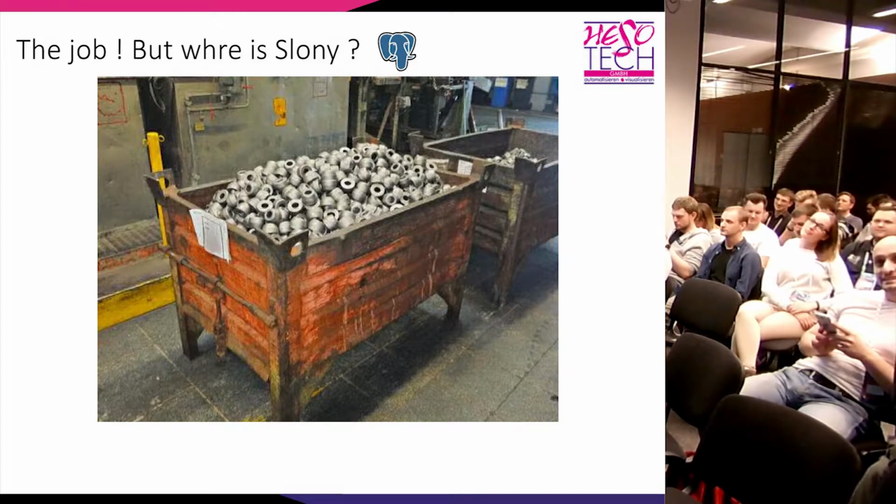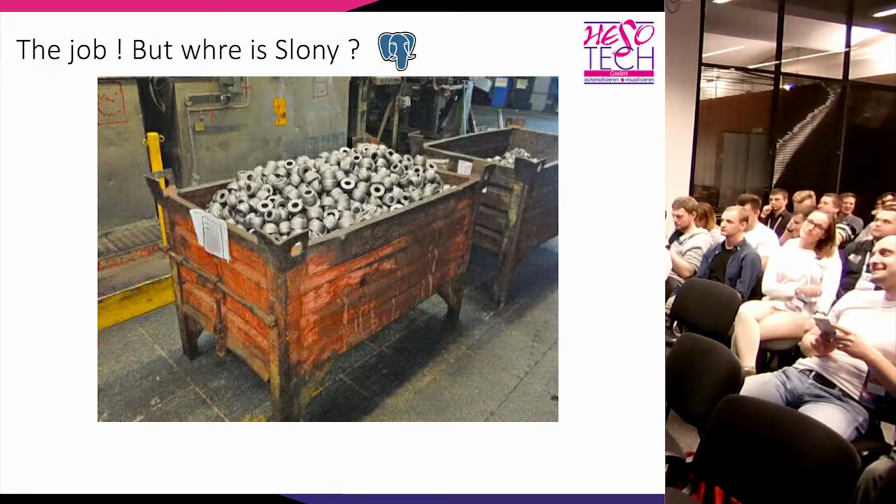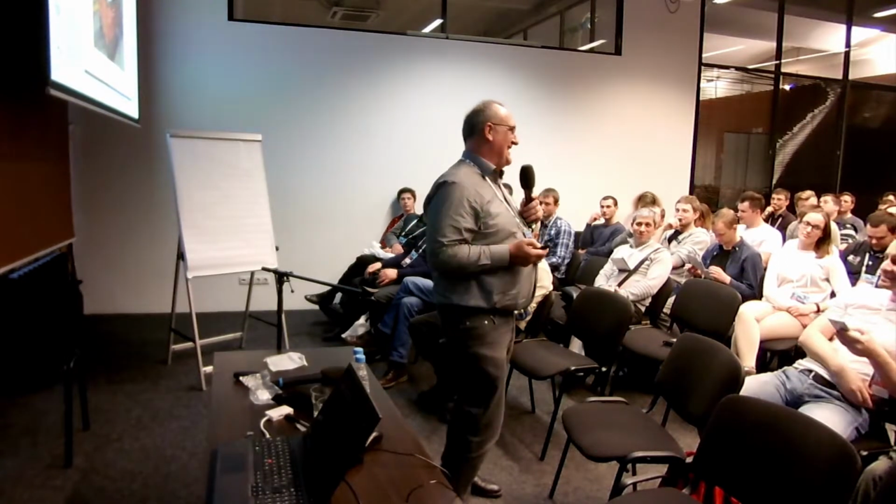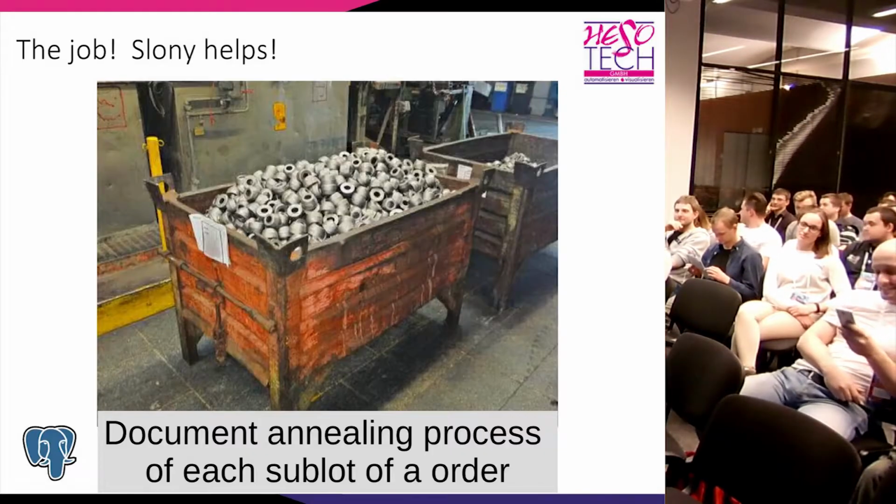Has anybody an idea what can be done with that and Postgres? You are sorting these items in Postgres? Sorting? No, you put every item ID to the Postgres and sort. In principle, yes. But in order to produce this type of bearings, they have to be heat processed.